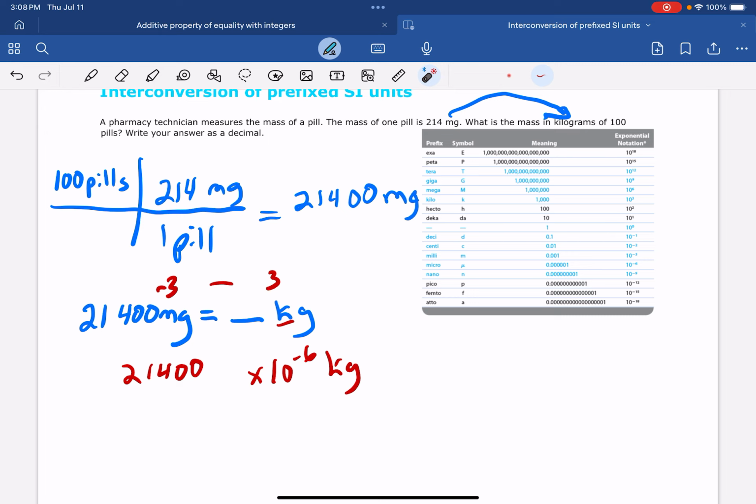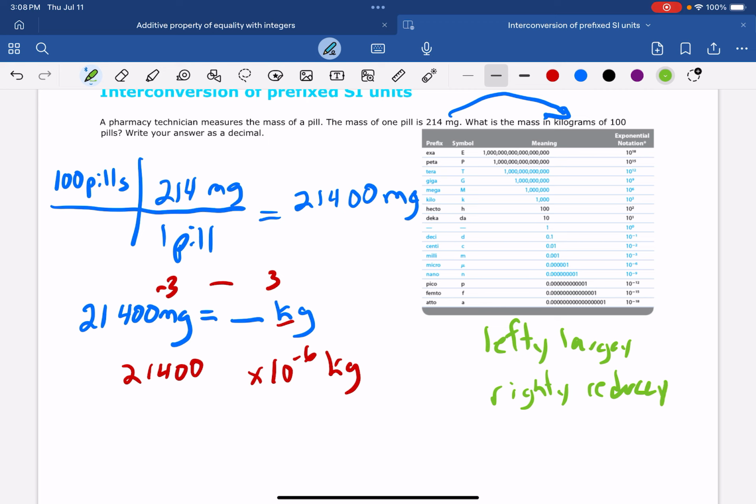Now, there is a rule that we follow, and it's super, super corny. Whenever we're moving our exponents around, it's this: lefty largy, righty reducey. I know this is so dumb, but what that means is, if you move your decimal to the left, you're going to enlarge the exponent.